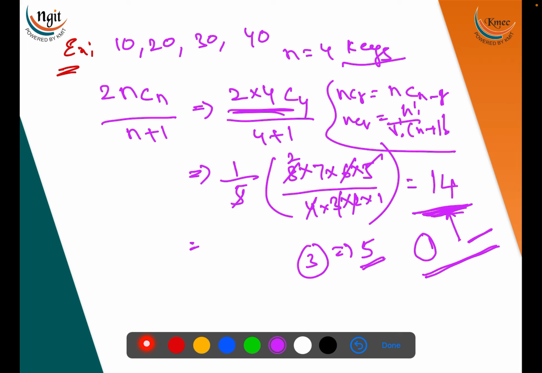We cannot take all 14, but we will consider all 14 in an indirect way. We will not draw them, it will not be a big risk, because our aim is to reduce the cost. You have to consider the low cost binary tree. For that we'll take a formalized methodology, but as of now we'll work on this n equal to 4.